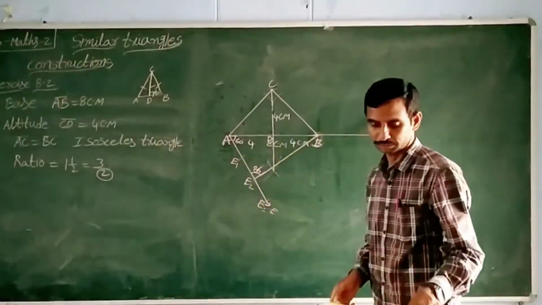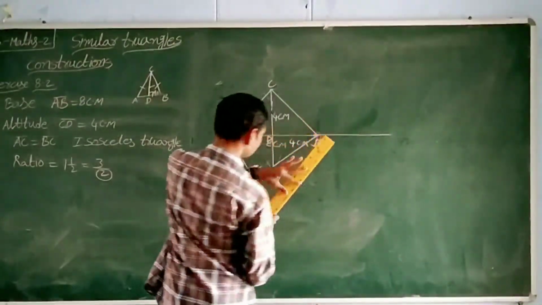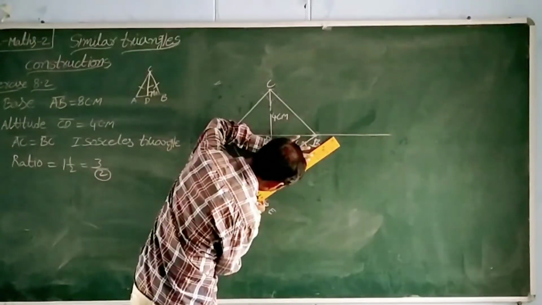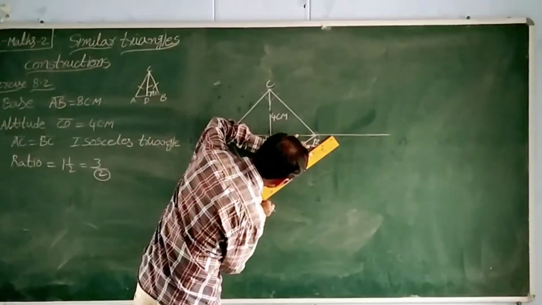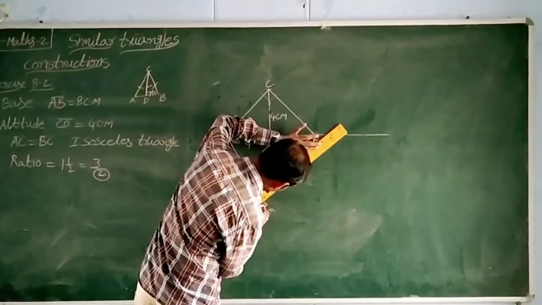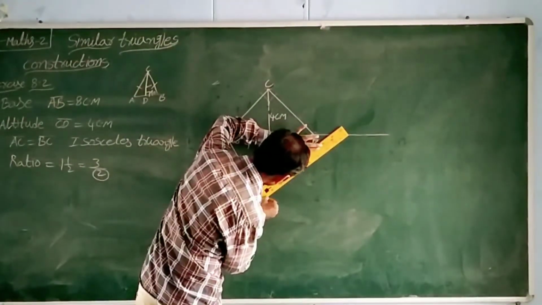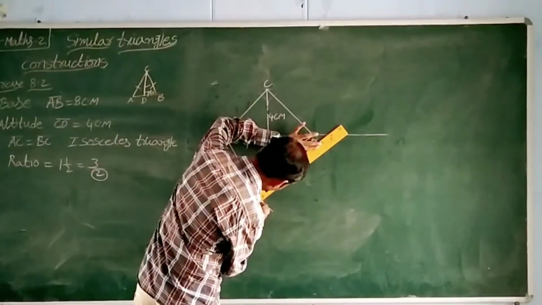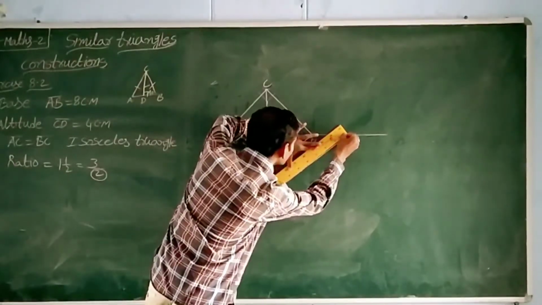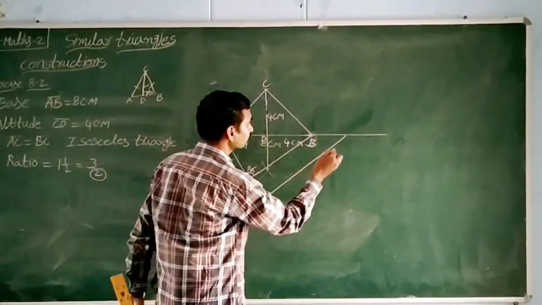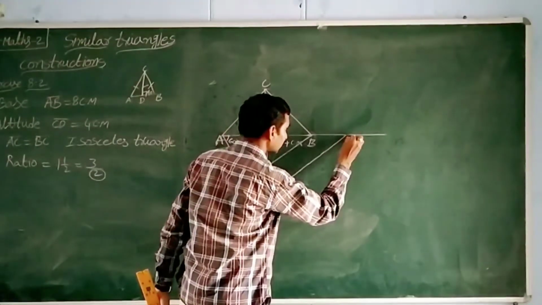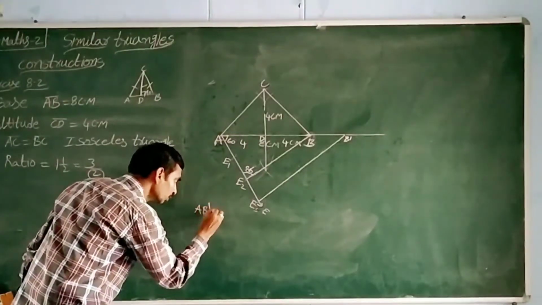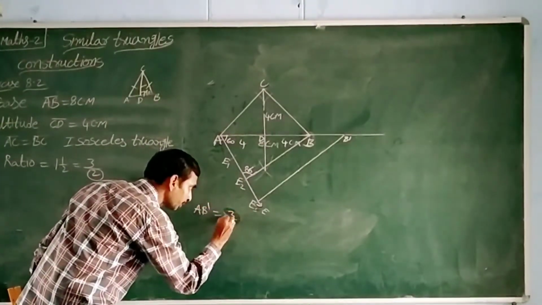Now join that 86 degrees line. It intersects the extended AB at B dash. If you measure, AB dash is 3 by 2 into AB.